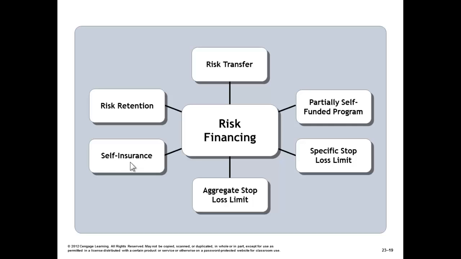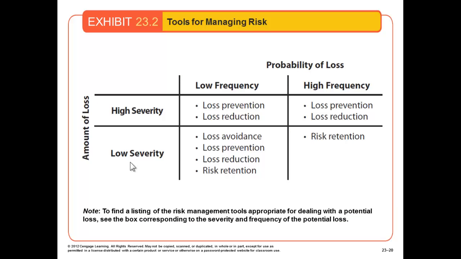I'll either stop doing that activity, or else I'll figure out a way to cover the loss. And then an aggregate stop-loss limit is where I aggregate or I accumulate a certain level of loss before I put a stop on it. Now let's look at kind of a matrix or a little decision table for how we handle risk. On the left-hand side is the amount of loss.